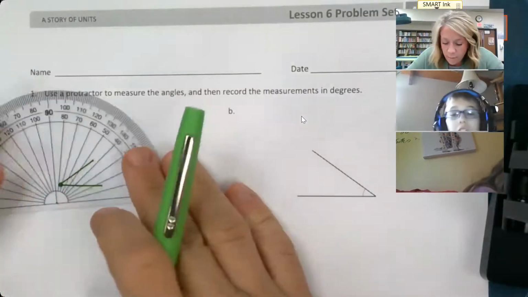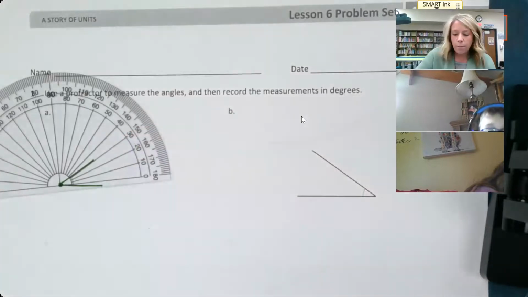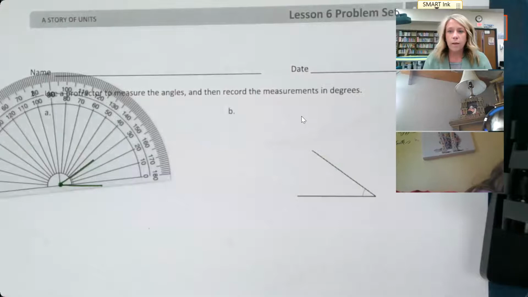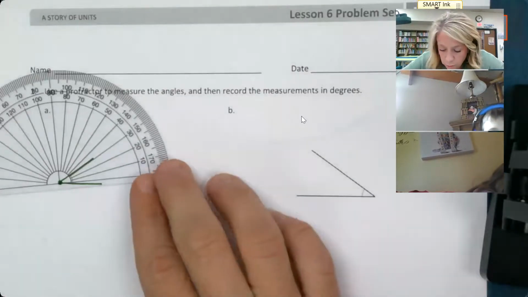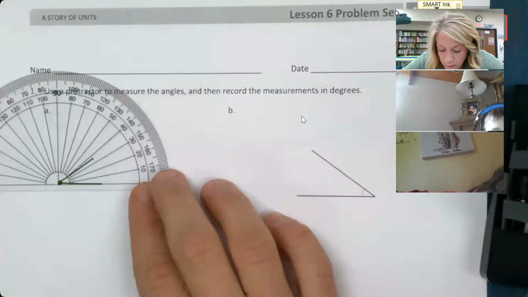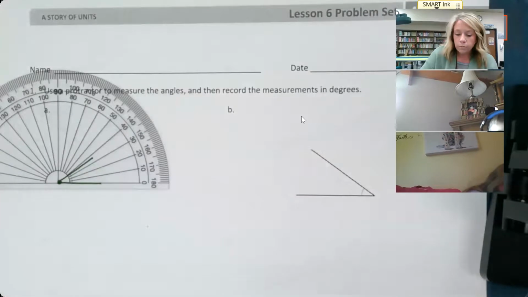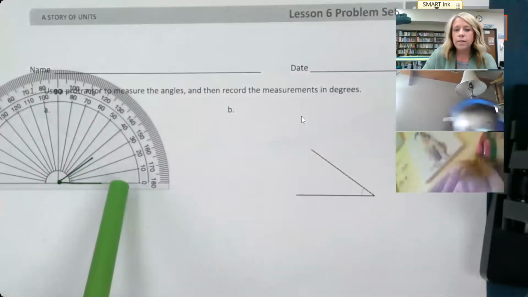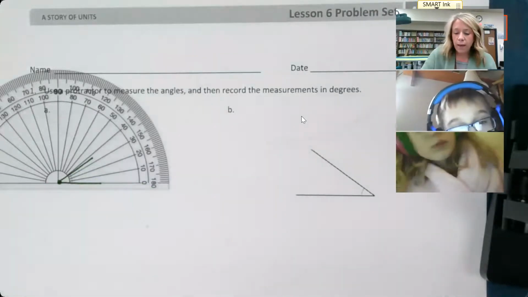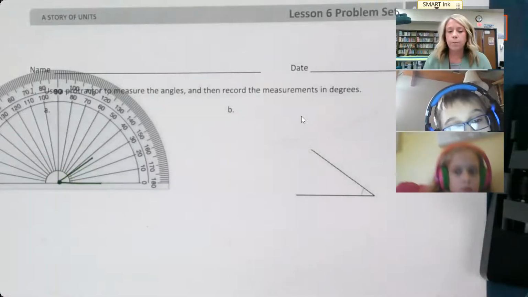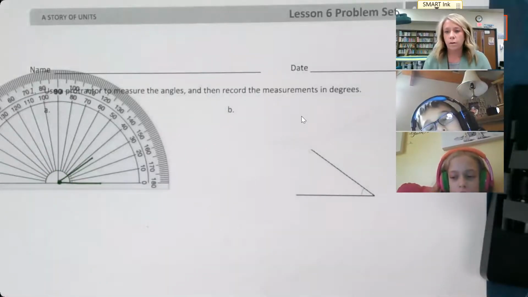But if I have my vertex lined up, my bottom of my angle is not lined up with 0. So my answer is going to be wrong. So I'm going to turn, still trying to keep my vertex lined up, so that right now you can see my bottom is lined up perfectly with 0, and my vertex is lined up with the center of my protractor.